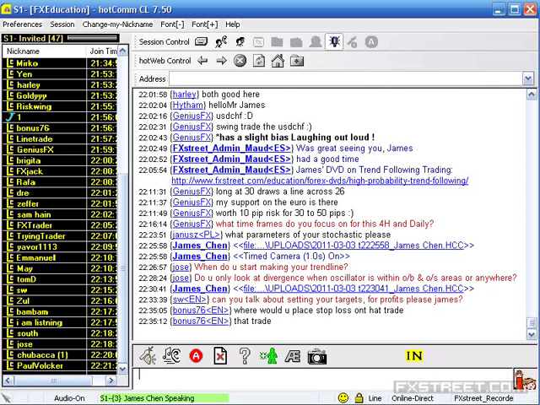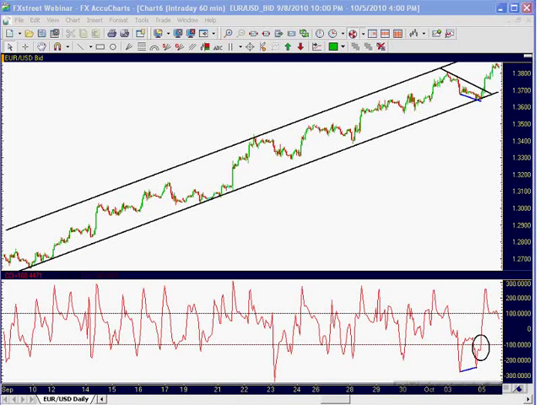Unless, and there are many people that look at the RSI as a trend following indicator. For example, in an uptrend, you'll often find that the bottom bounds of the RSI will not be in oversold territory.